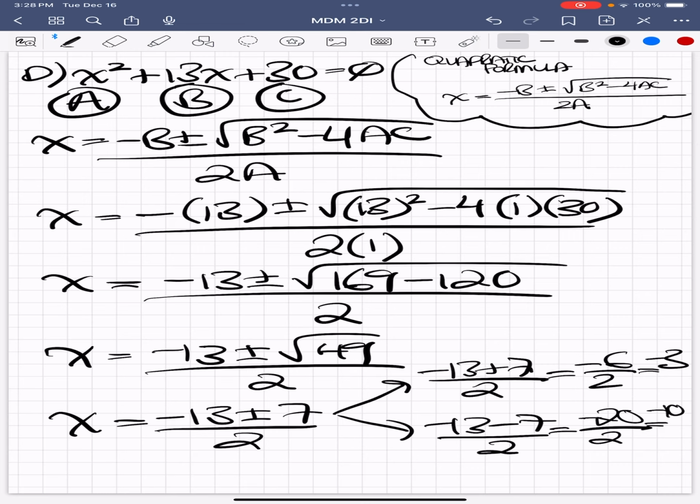And then we have -3 and -10. So our final answers here will be x equals -3 and x equals -10.